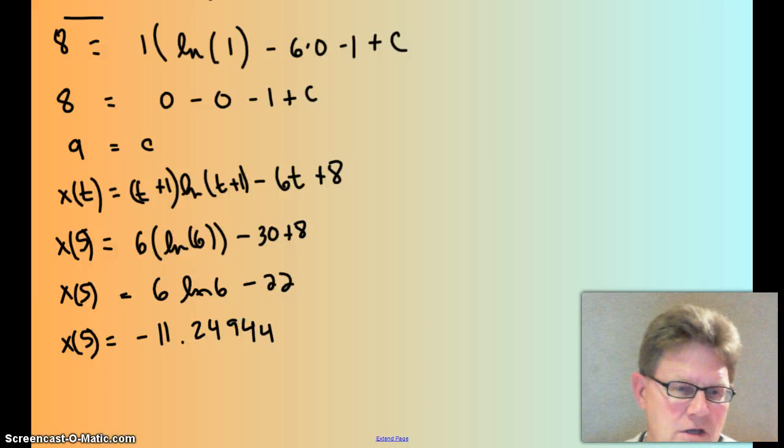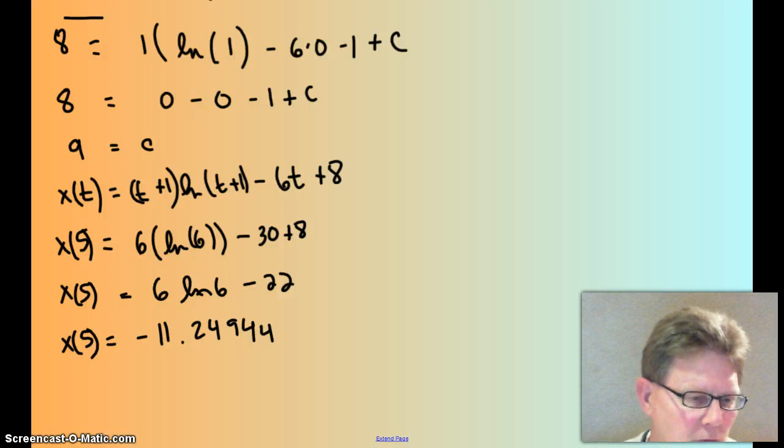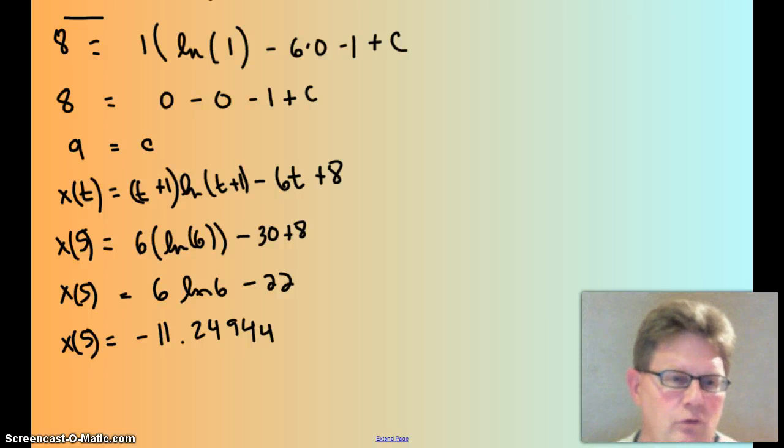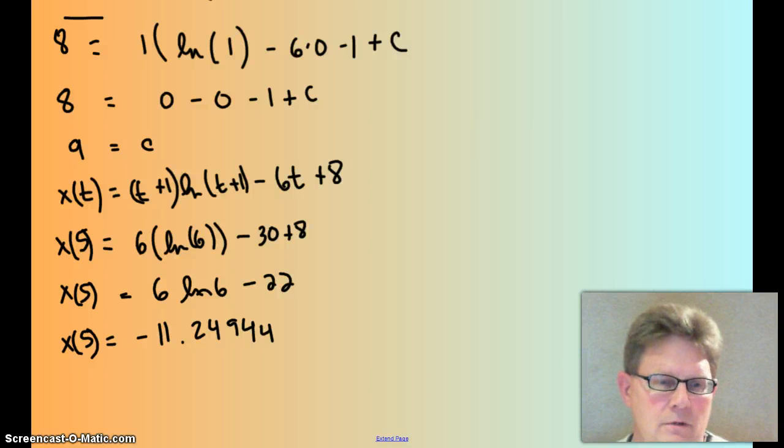Part C asks how far the particle has moved from its position at t equals 5. They're asking for two different things, the position shift or the displacement.